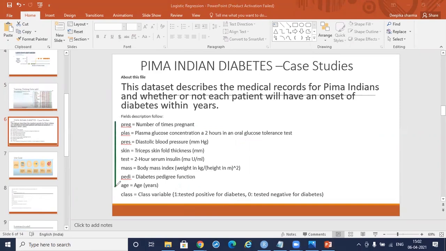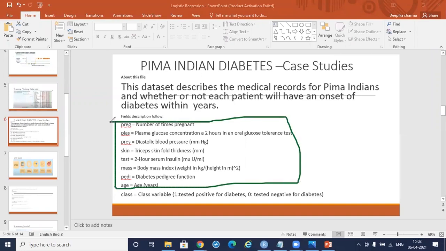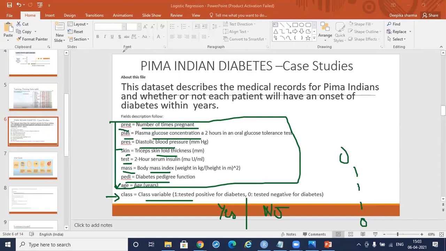Many input variables are given, such as number of times pregnant, plasma glucose concentration, blood pressure, skin fold thickness, insulin tests, body mass index, diabetes pedigree function, and the age of the person. And the last one is the class, where one has to predict whether the person is diabetic or not diabetic. So we only have the value 1 or 0.